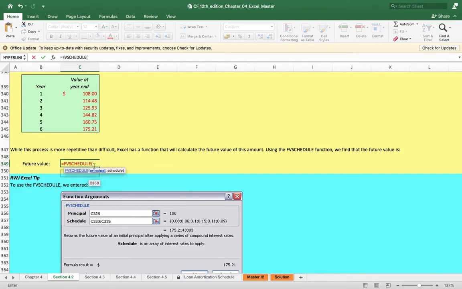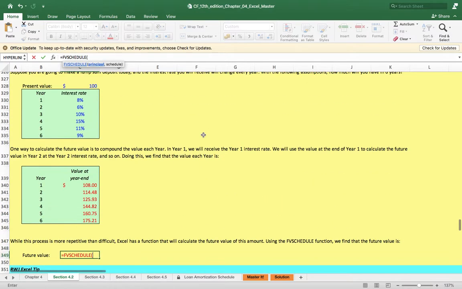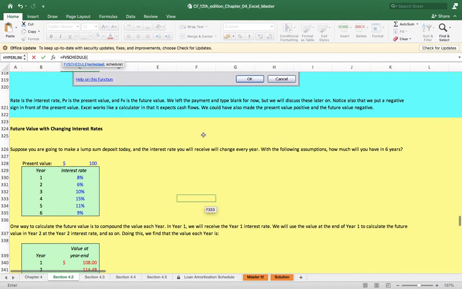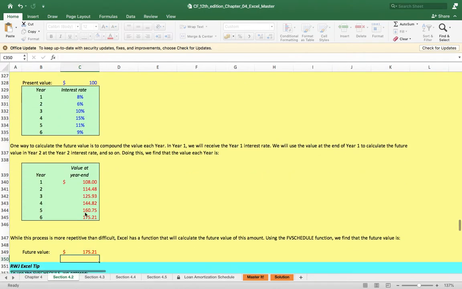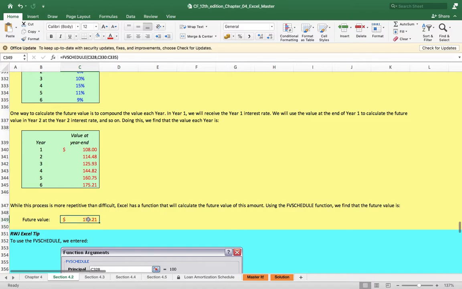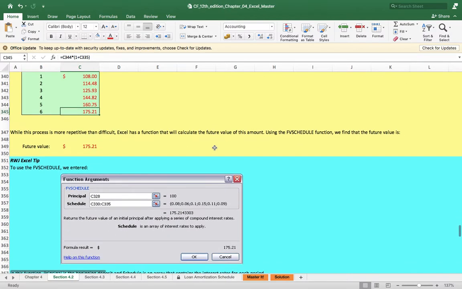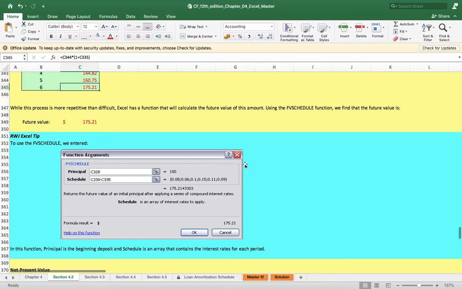Click there, and it is asking principal amount. Principal amount is how much? 100. Then the schedule of interest rates. The schedule of interest rates is from here to here. Bracket close, enter. You got 175.21. So this is the way we calculate the schedule of different interest rates.